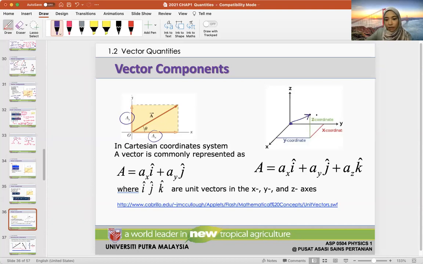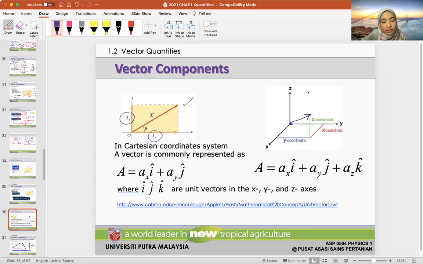If I'm viewing it from the X and Y coordinates, I will only see this. But if it's in 3D, I will know that it's actually extending in the Z coordinate as well. So my point here is that a vector is not only 2D, it can also be in 3D.